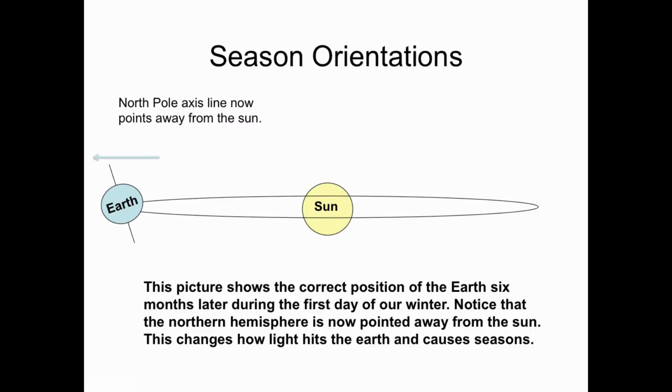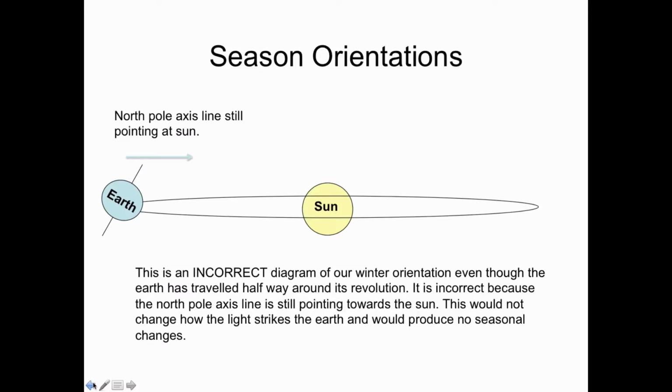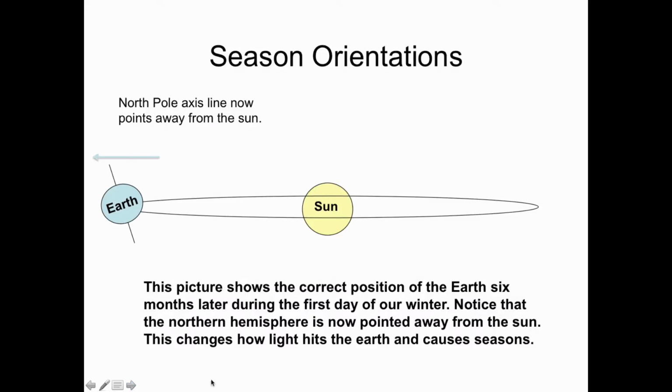And that makes the sunlight strike the Earth very differently every season. And that's why we have seasons. So this is a correct picture of how sunlight hits the Earth during our winter. This would be incorrect. So there's correct.